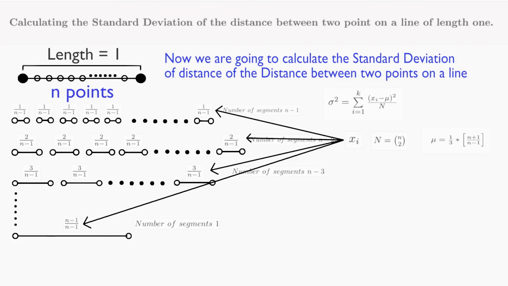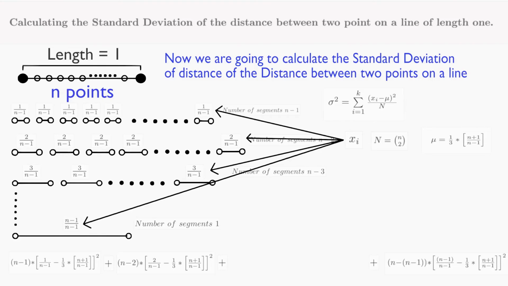And now we're going to plug everything into our variance formula. And when we do that, we get this very long expression down here, which I will explain where all of these numbers come from. The number on the outside of the brackets is the number of lengths that we have. So for 1 over n minus 1, we have n minus 1 of those.